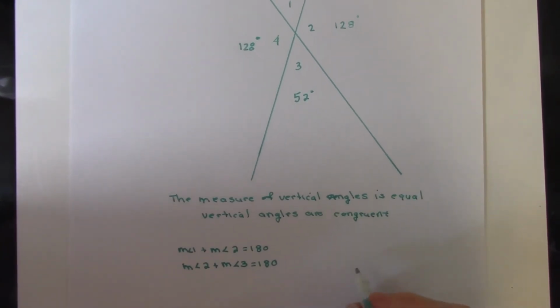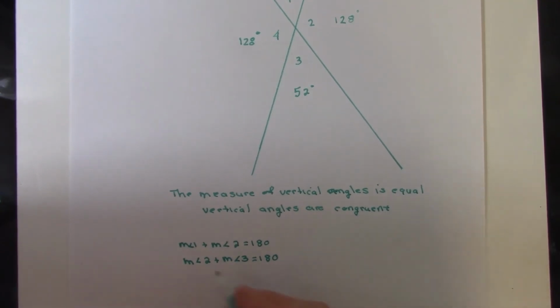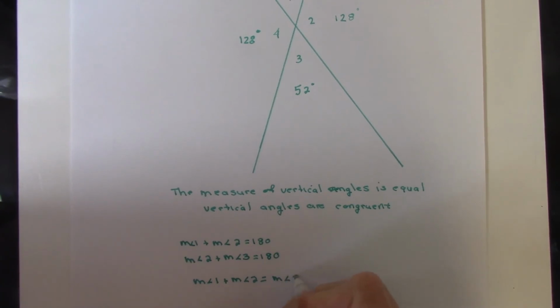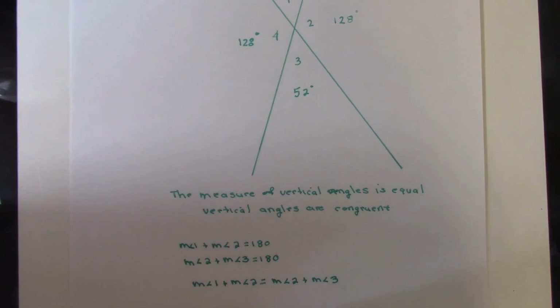So we can state that the measure of angle 1 plus the measure of angle 2, by substitution, since they both equal 180, equals the measure of angle 2 plus the measure of angle 3.